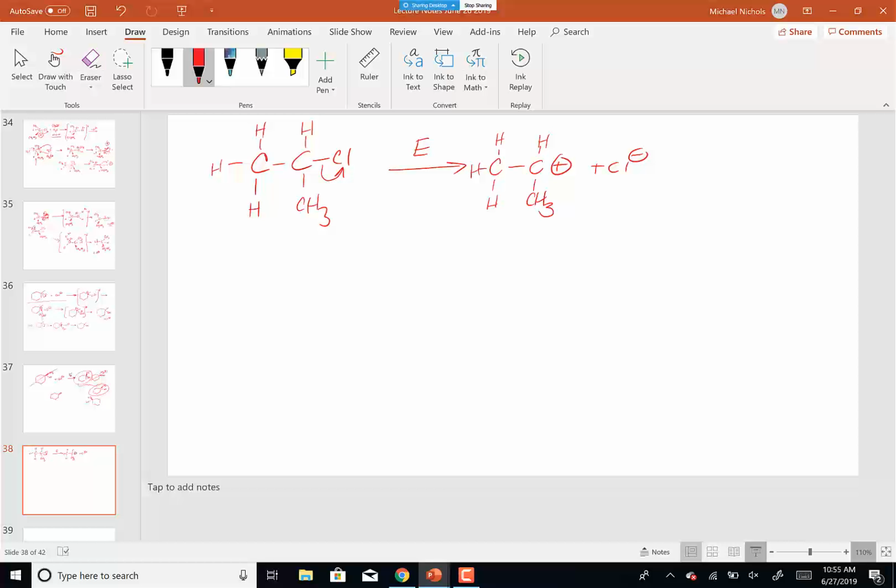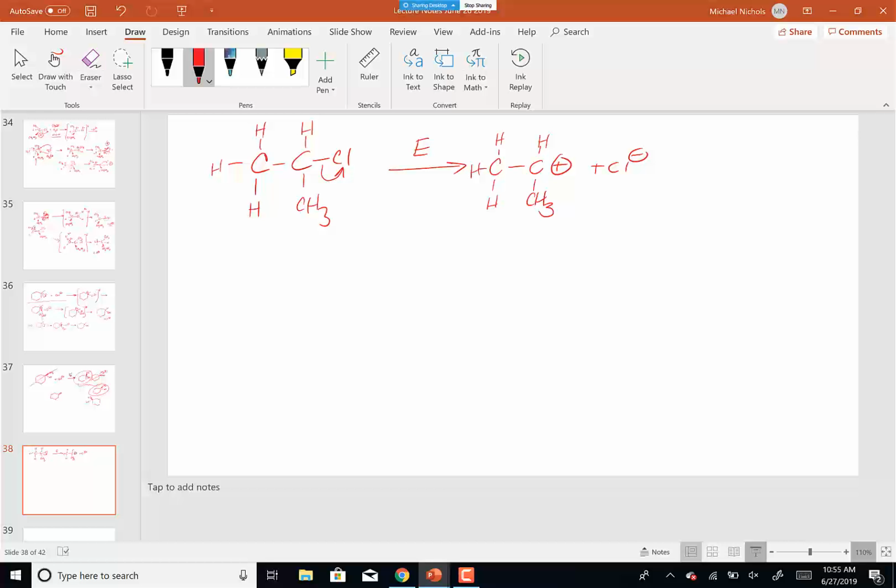Have we done this step before? Yeah, we just did it a few minutes ago. So this is the first step in SN1. But what if there's no nucleophile that can add to the positive charge? Or what if the nucleophile is slow? Or what if I raise the temperature and give the molecule a lot of energy? What can happen?